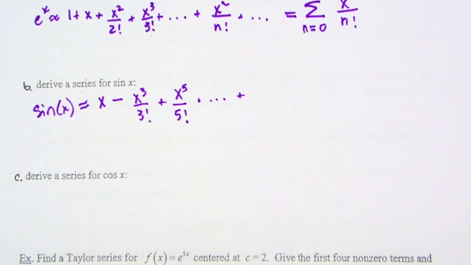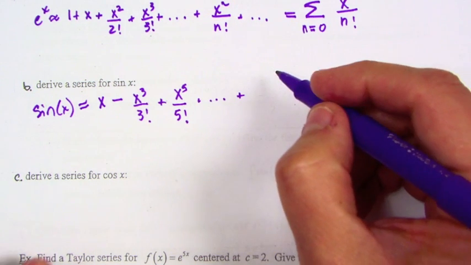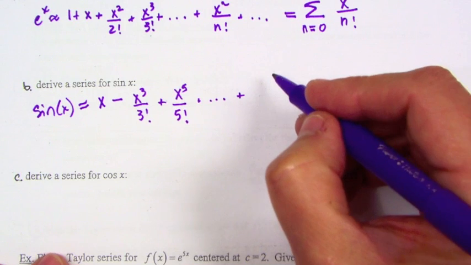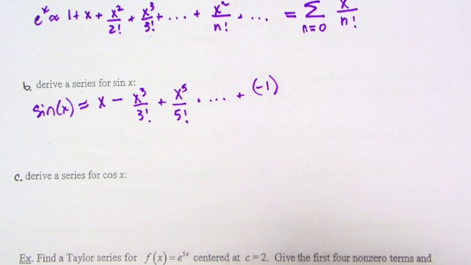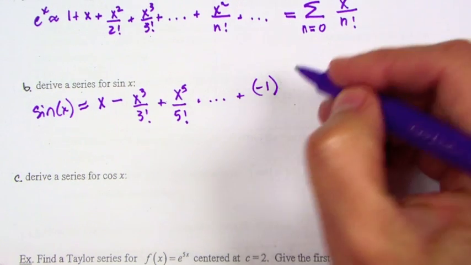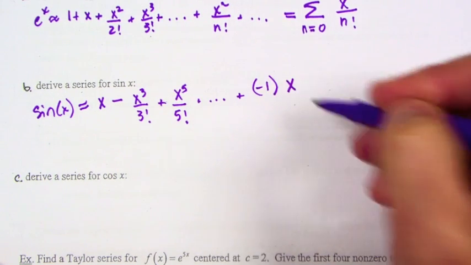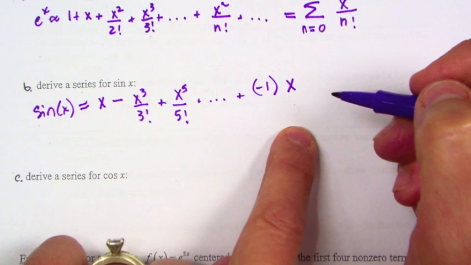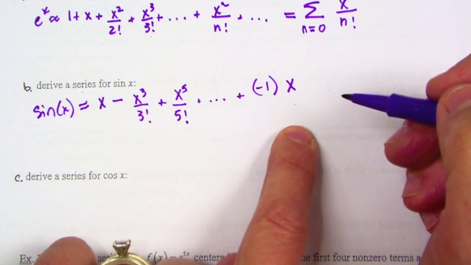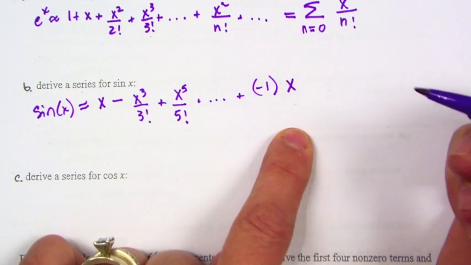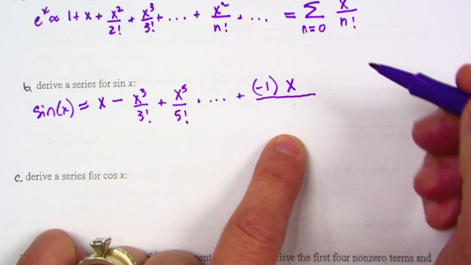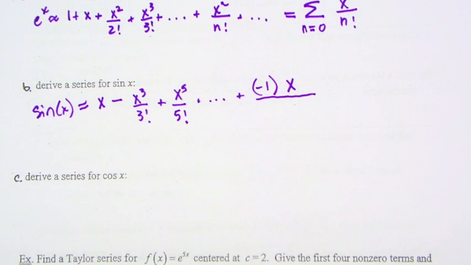Okay, so let's write our general term. It's alternating, so I'm going to need a negative 1, and I need to figure out what I need on the negative 1. What's the x going to be to?